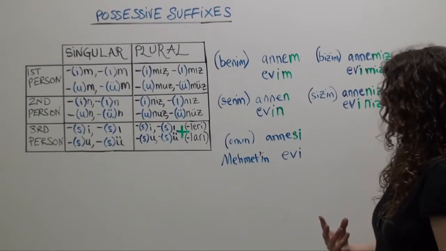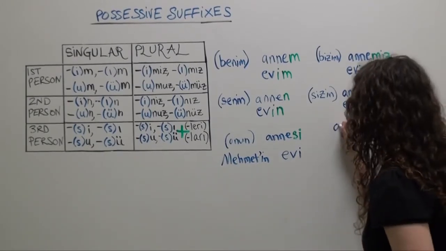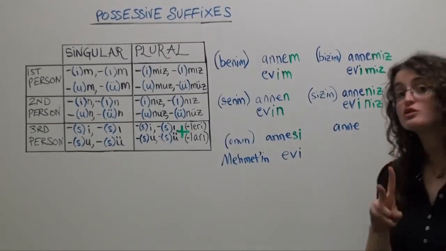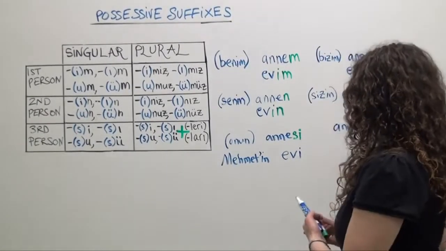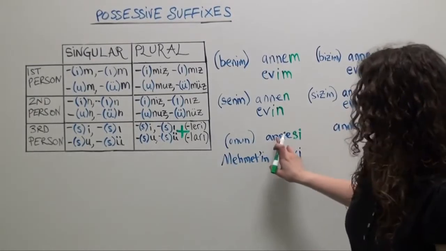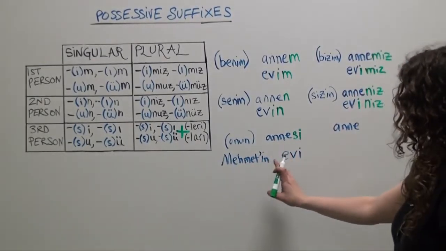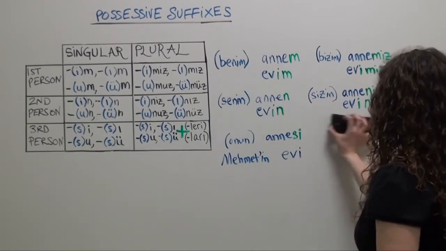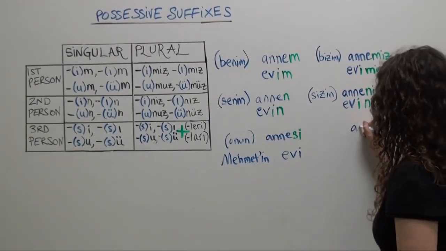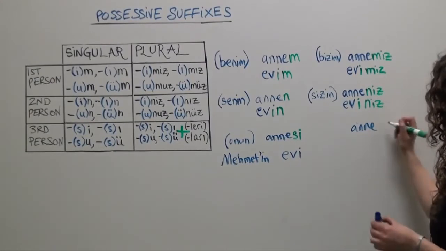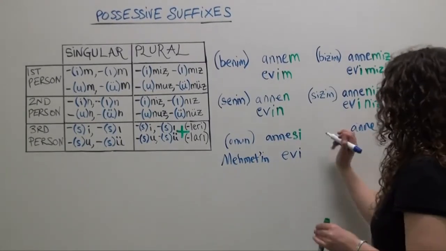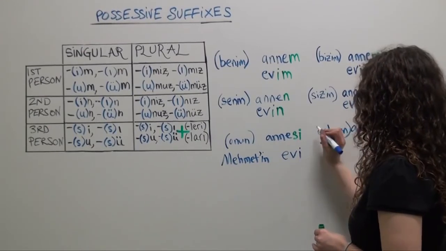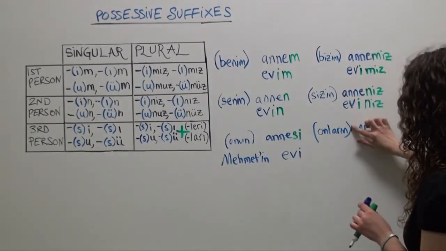Okay, now we're going on to the third person plural. If you want to say their mother, you're going to start with anne again. And now you have two choices. You can either do exactly what we did over here with a third person singular and say anne, move this over, and say annesi, so onların annesi, their mother.